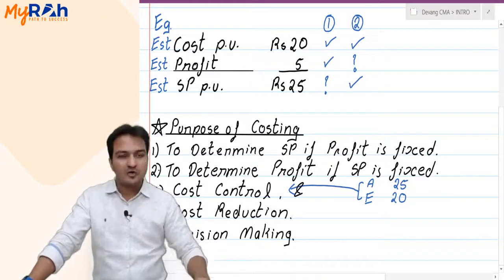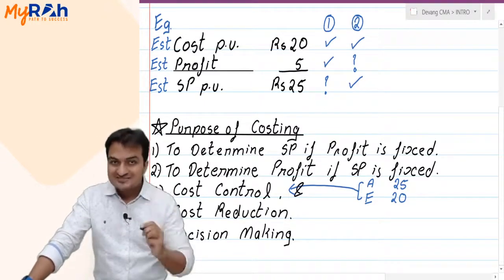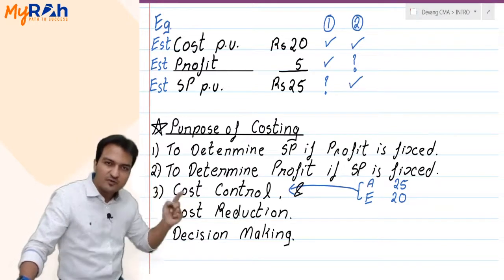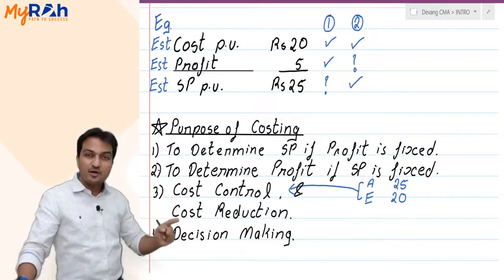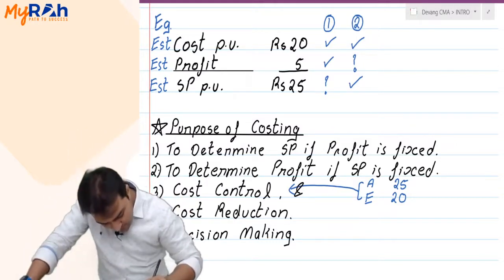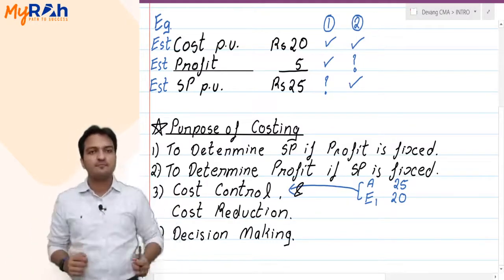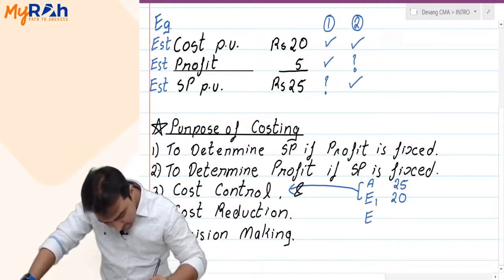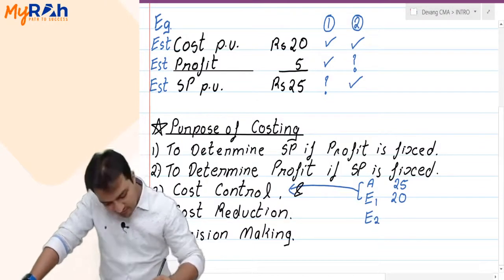is something more advanced. Listen to this. Cost reduction means to bring that estimate further down. Say, let me call this estimate as estimate 1. Now, I want to bring that estimate further down to estimate 2.